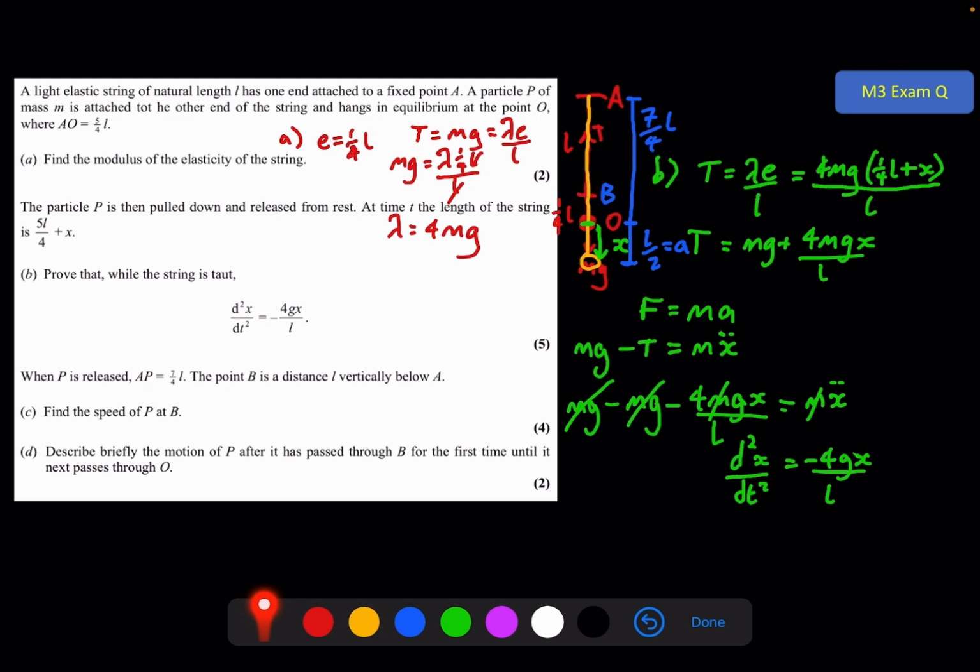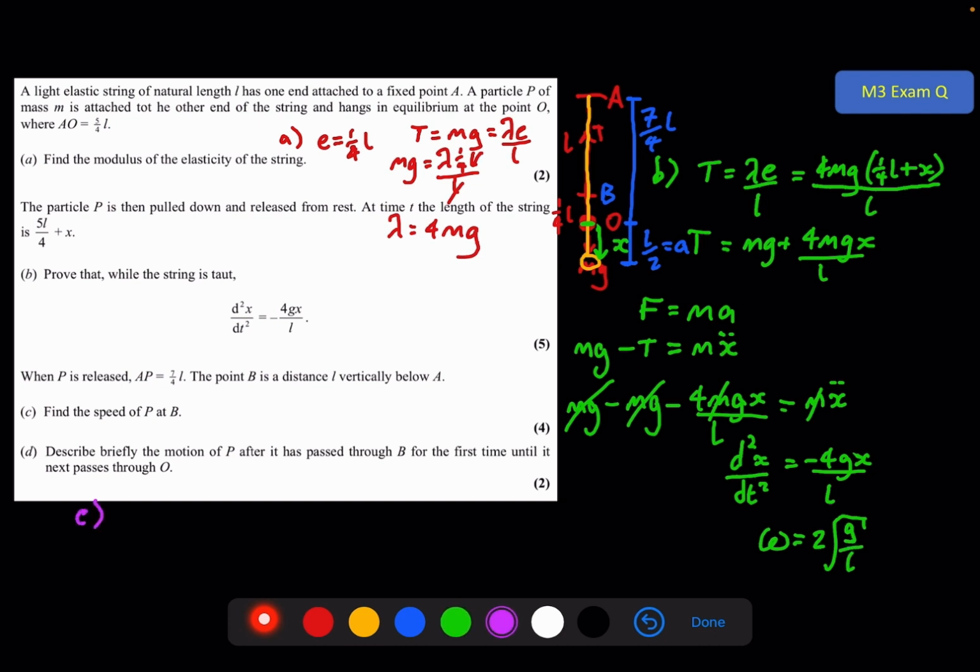We've done a little bit of work here already to find a. We know the displacement x, where we want to find the speed, is 1/4 L. So the only thing we need to find the speed now is omega, and we know omega from part B is equal to the square root of 4g over L. So that's 2 root g over L.